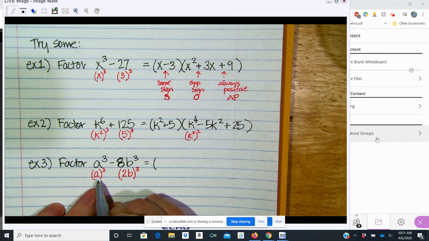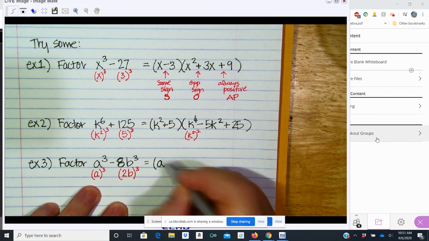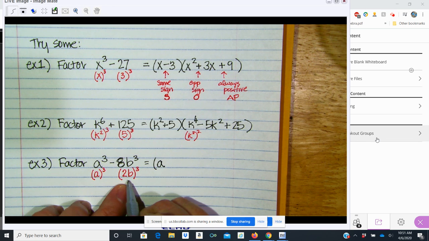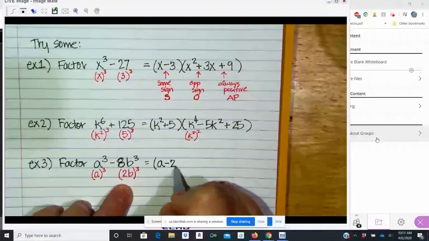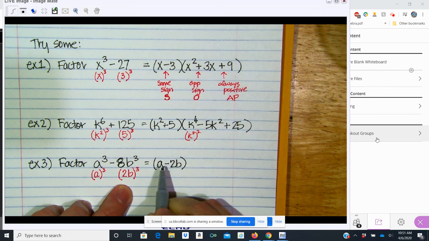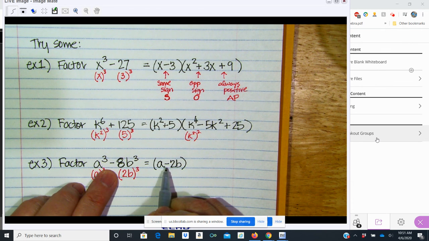Following the pattern, it's the first cube root minus the second cube root, noting that the sign stays the same.